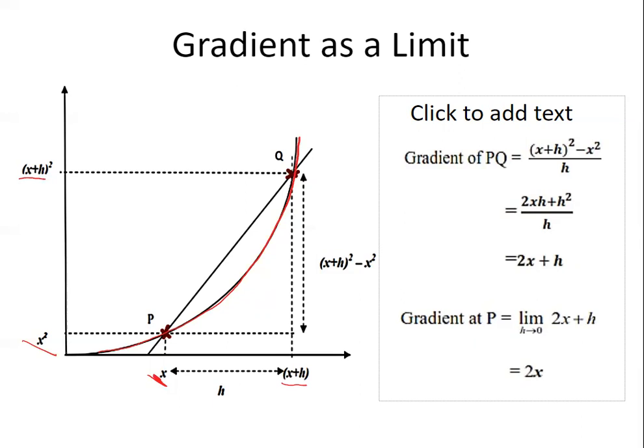So the x coordinate is x plus h, the y coordinate is going to be x plus h squared. And they took the gradient of that secant PQ. Now, if we were to look over here, that's what the gradient is going to be, right? If we were to simplify that using some algebra, we get this. Simplifying further, we get this. So the gradient of the secant PQ is equal to 2x plus h.